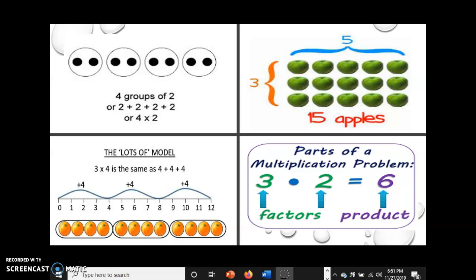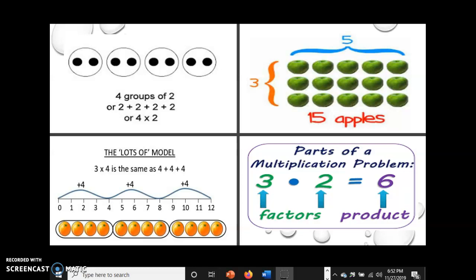Based on the strategies we discussed, we can either count all the oranges to get our answer, or we can look at the different groups and how many oranges are in each group, or as this example shows us, we can use a number line.